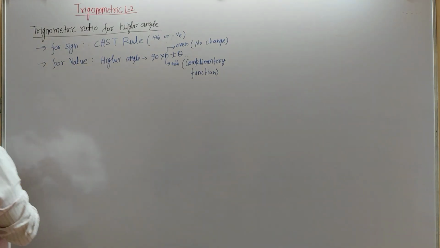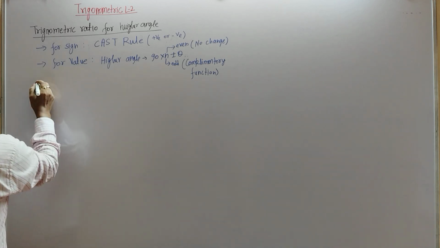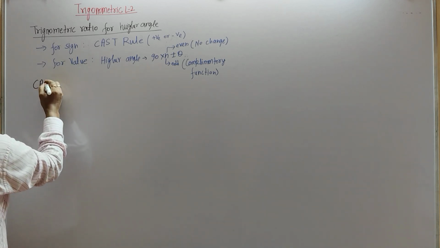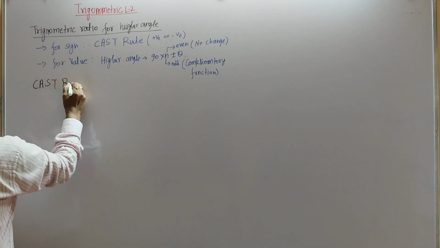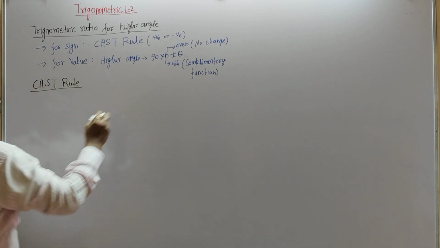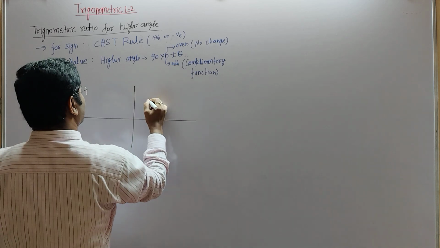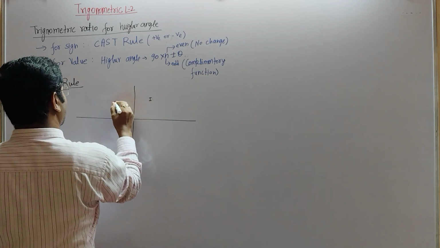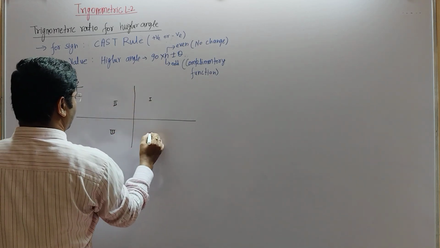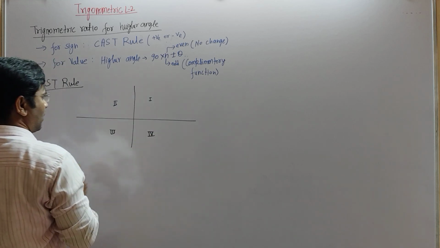Now we will study the CAST rule. What is the CAST rule? This is a coordinate system. We know that this is the first quadrant, second, third, and fourth.